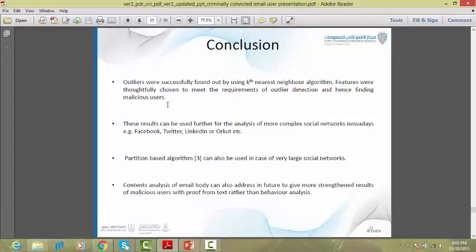We have chosen just the email system here, but we can apply the same idea on social network websites like Facebook, LinkedIn, Twitter, or Orkut. Partition based algorithms can be used in case of very large social networks. Content analysis of the email body can also be addressed in the future to give more strengthened results for a malicious user, with proof from the text rather than behavior analysis.